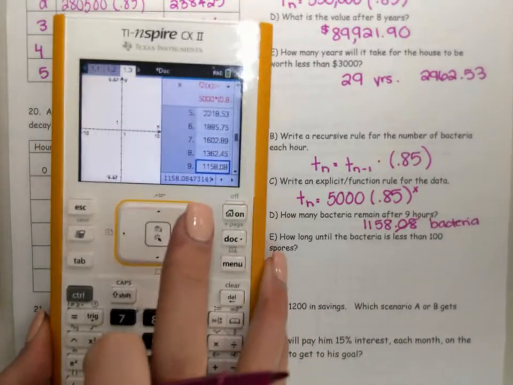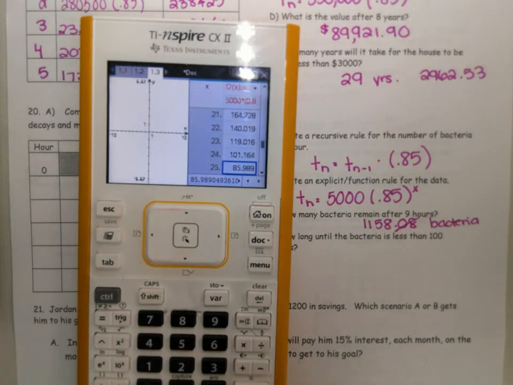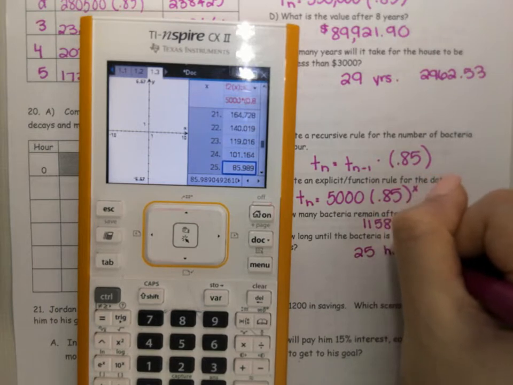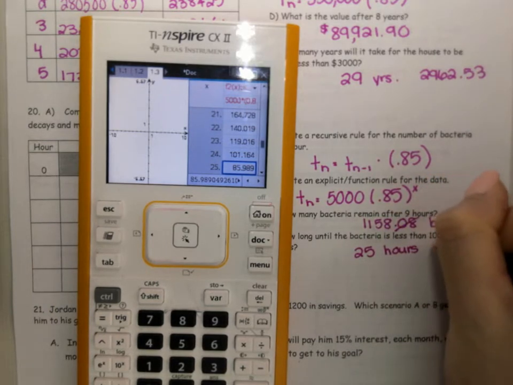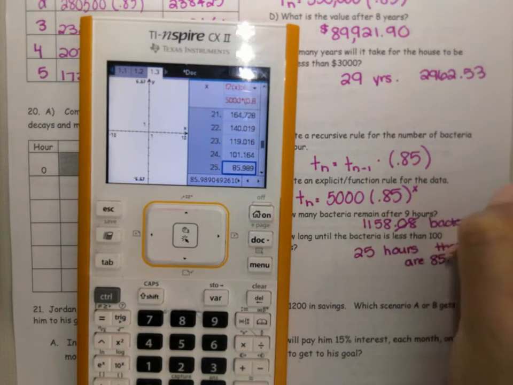How long until the bacteria is less than 100? So right here, 25 hours. There are 85.99 bacteria.